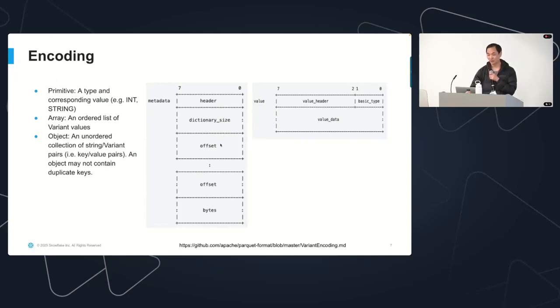For example, the key event type, we store in this dictionary with ID 1. Then in the value itself, we can refer to that ID rather than event type. That's for space saving. That's a basic encoding.